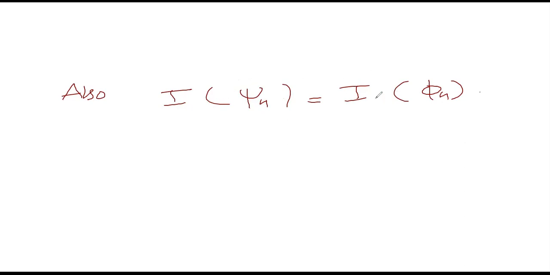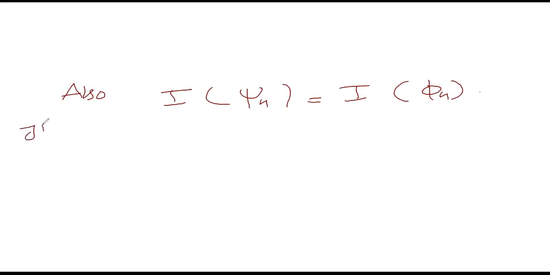We need to show that the integral of phi n will decrease to 0, but the integral of phi n is same as the integral of psi n. So if we show that the integral of psi n decreases to 0, then it gives that the integral of phi n also decreases to 0. So if we replace phi n by psi n, it will harm nothing. But for this psi n, it decreases to 0 on whole x.